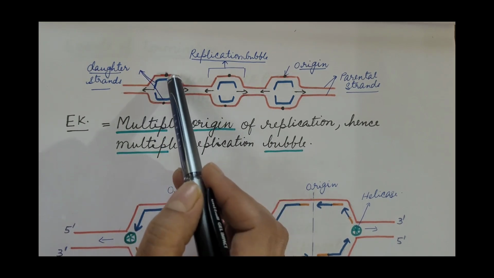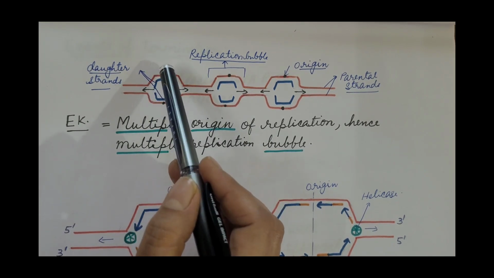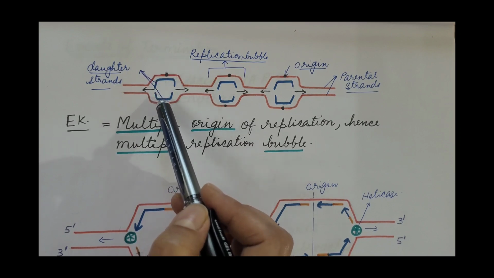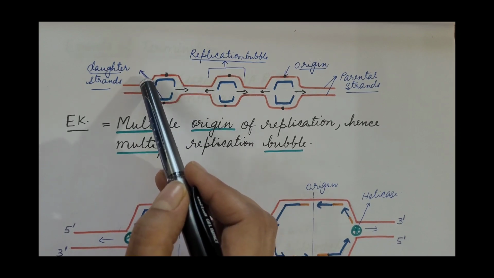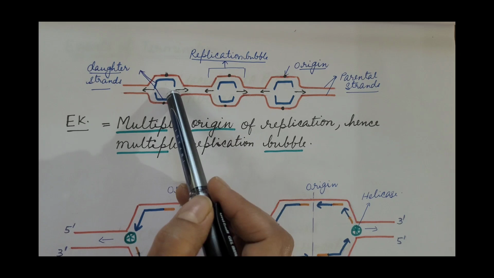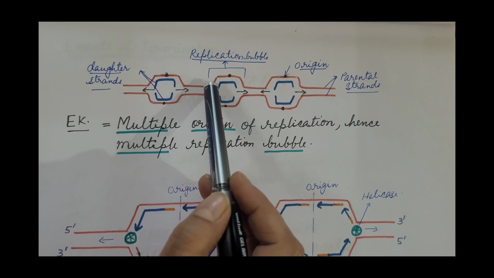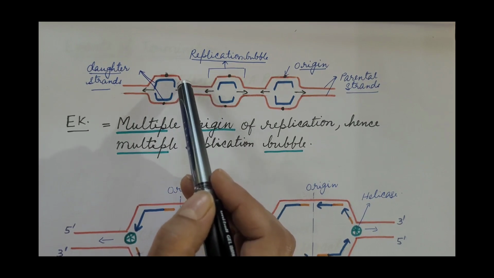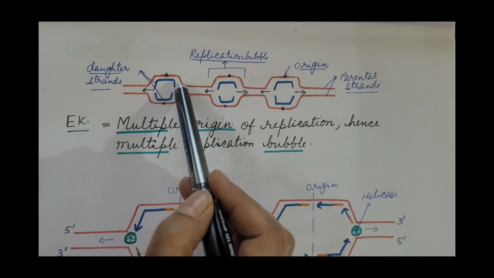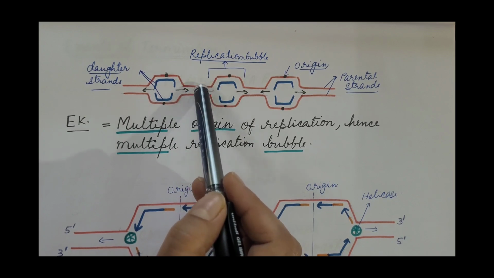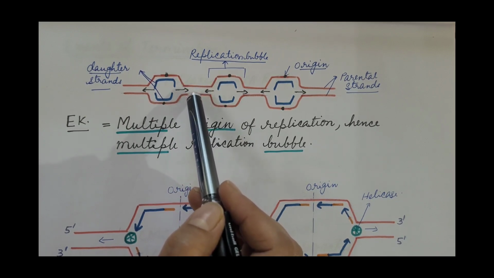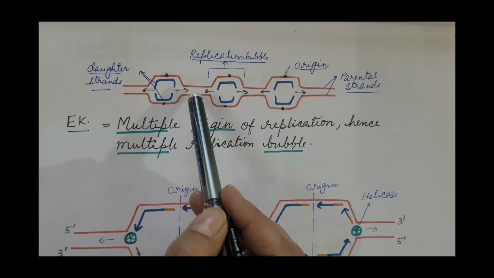Each replication bubble has two replication forks which move away from the origin in opposite directions to each other. Hence, it is bidirectional. When the adjacent replication bubbles, or in other words the adjacent replication forks, meet or converge, then the termination of DNA replication takes place.